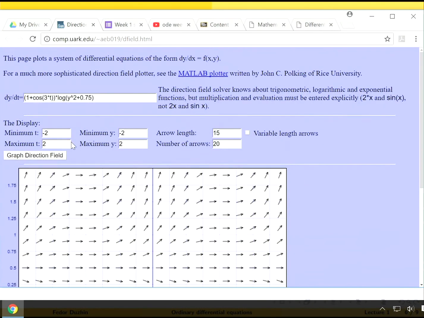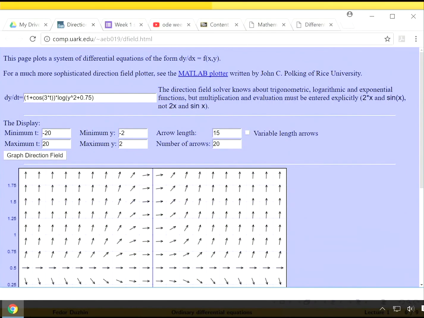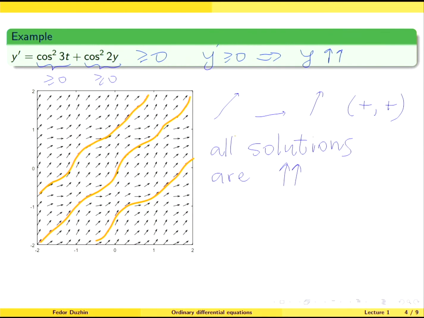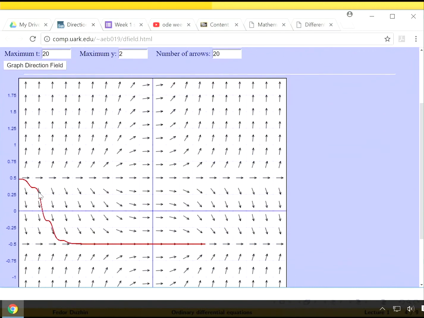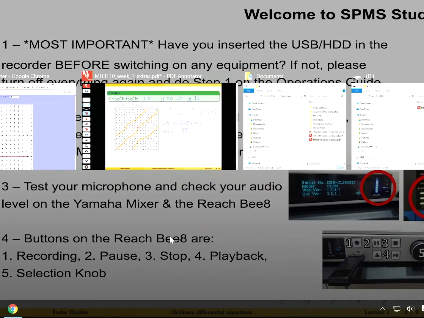If we want the behavior for more values of t, say, let's do t from -20 to 20. Yeah, this is what's going on here. So it still approaches the same, depending on the initial condition, either negative 1/2 or infinity, only at different pace.